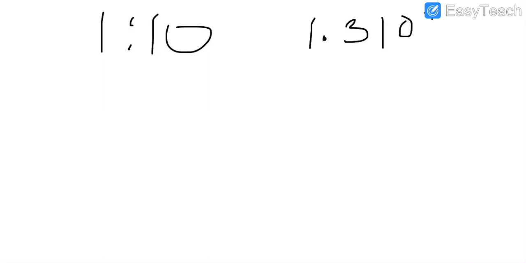Now let's see how your profit is being calculated. Okay, let's see how it works. So assuming your account has a leverage of 1 is to 10, and then let's say you entered a trade. The exchange rate was 1.3108.